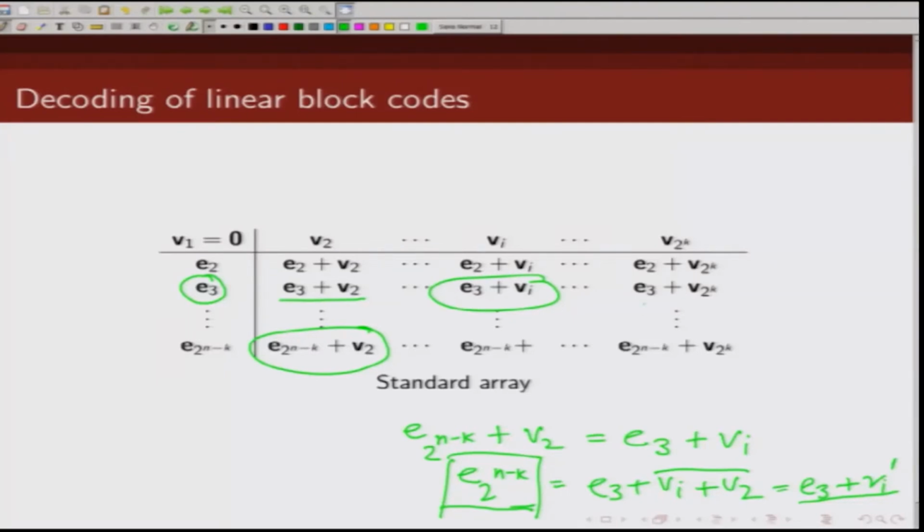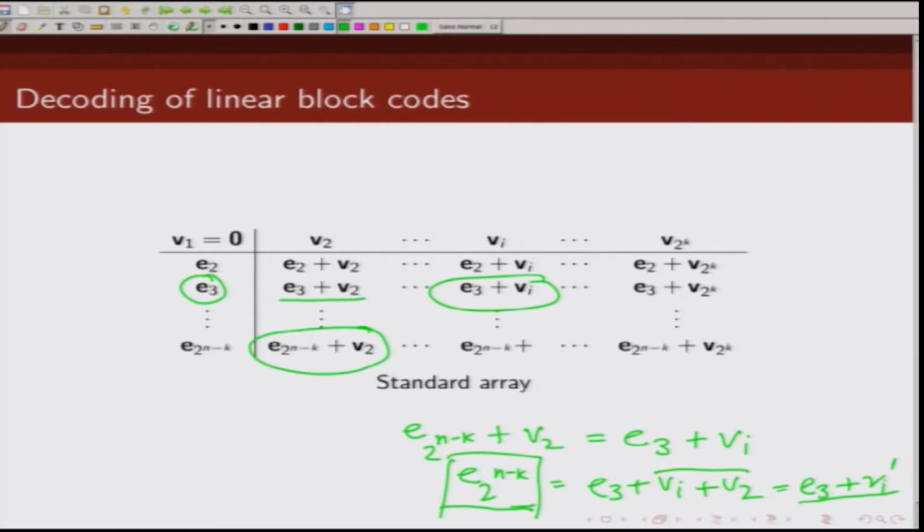So, in other words, we are contradicting ourselves. On one hand, we are saying we are picking up these error patterns in such a way that they have not appeared in the previous rows, but if we are saying the two elements in this array are same, then this is not possible. So, hence by contradiction we prove that this is not possible.